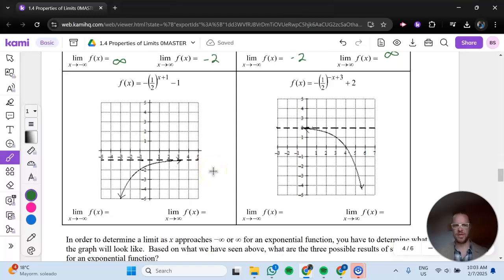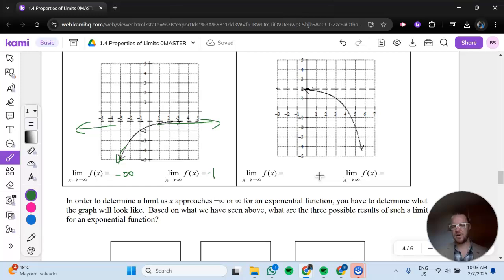Here we've got what should be a decay, which would look like this, but see how a is negative and it flipped it upside down, so it actually became a growth of sorts. But what we're looking at is that end behavior. If I go to the extreme left here, I am going to plunge down into negative infinity. And if I go to the extreme right, I'm going to approach that asymptote and get to, looks like negative 1 there.